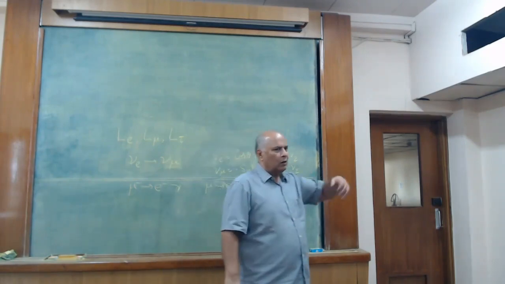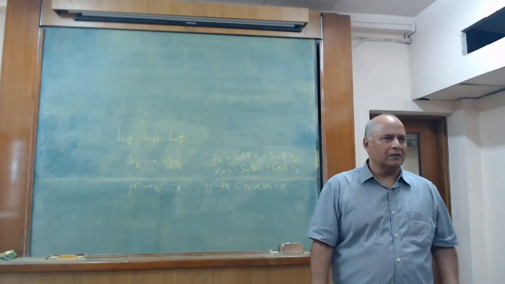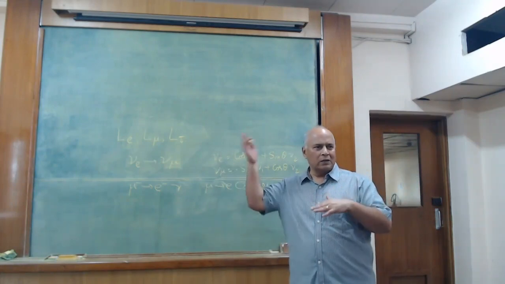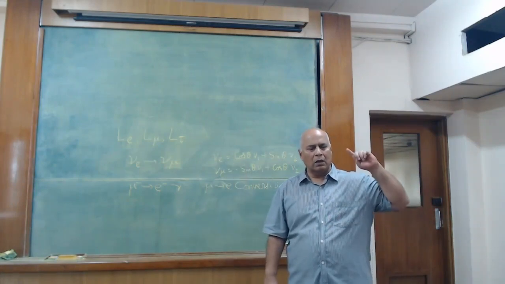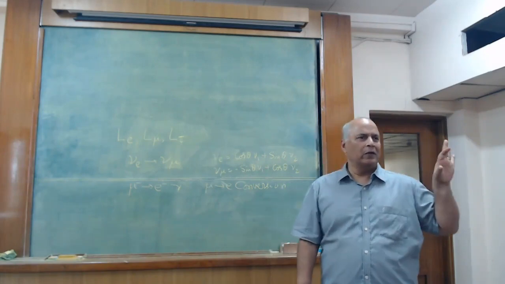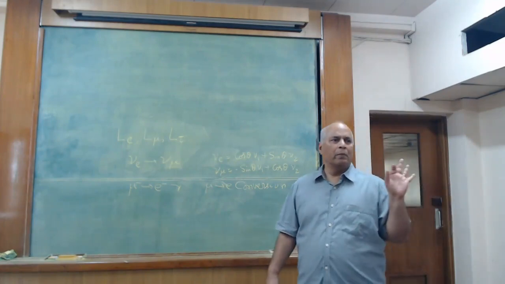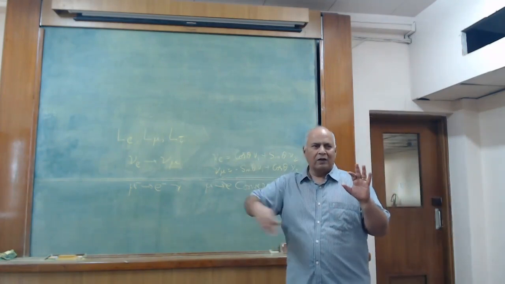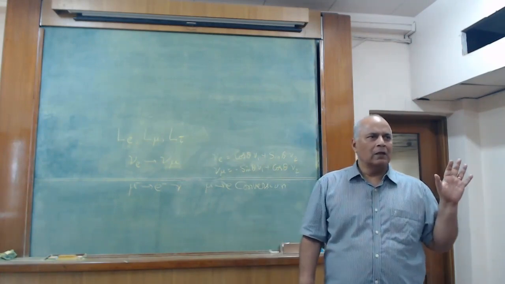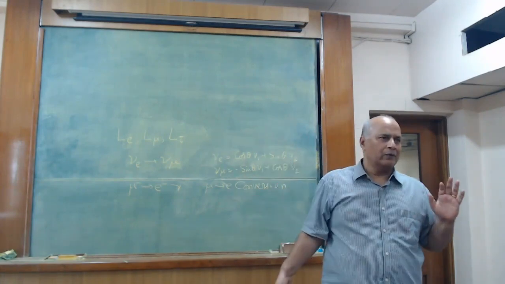A muon cannot spontaneously turn into an electron because of energy conservation, but this we discussed in a previous class. A photon spontaneously cannot go into an e plus e minus pair because of energy momentum conservation, but in the field of a Coulomb nucleus it can. So rather, in the Coulomb field of a nucleus it can pair produce.